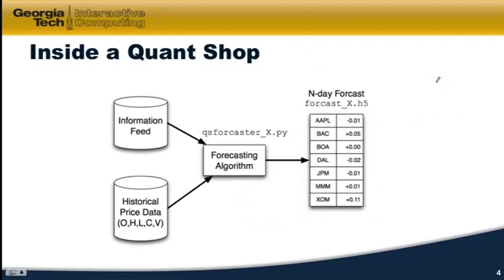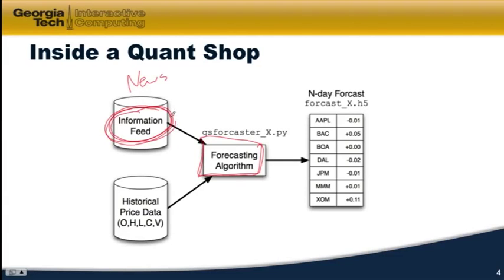Anyways, how do we make these forecasts? Almost always, there is some sort of information we've got that we think is predictive. It may be news. Bad news comes out, we think the stock is going to go down. Good news comes out, maybe we think the stock is going to go up.